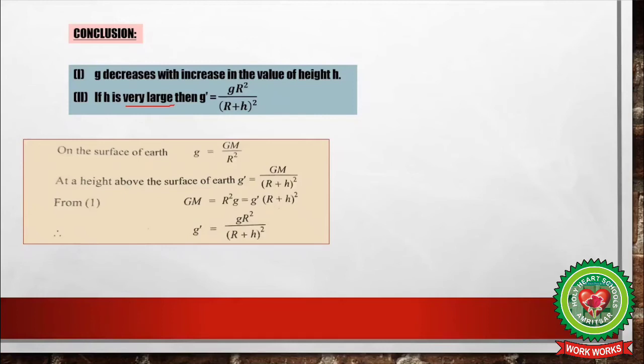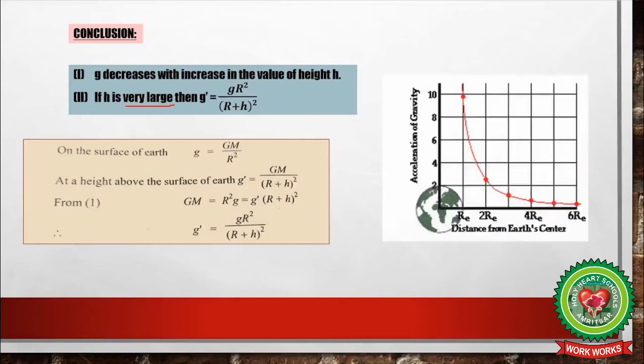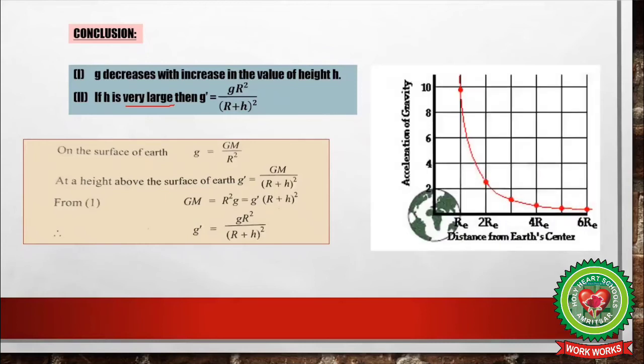So there are two relations. First relation is g' = g(1 - 2h/R). We will take that relation when height is small, but if h or height is very large, you have to take this relation.